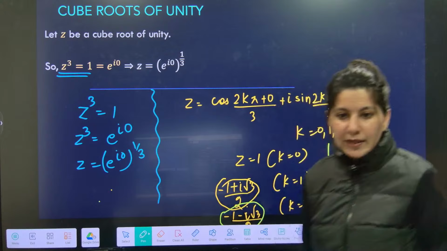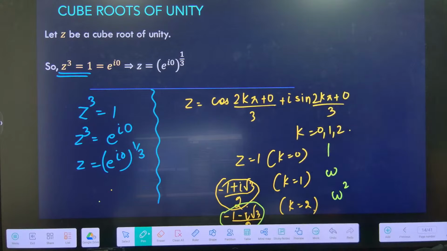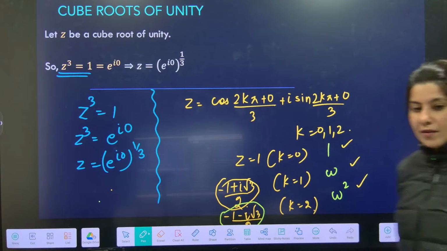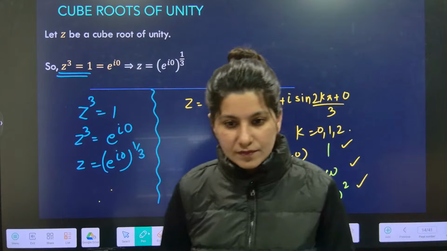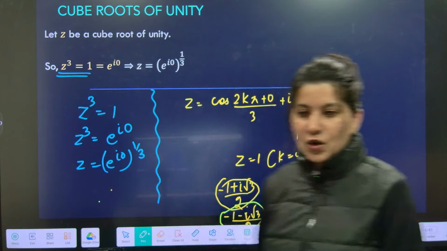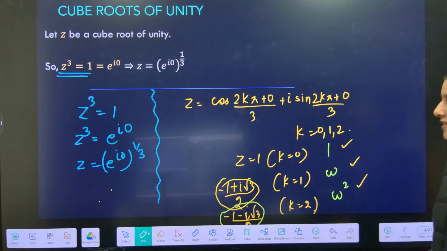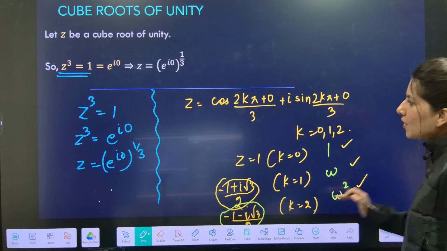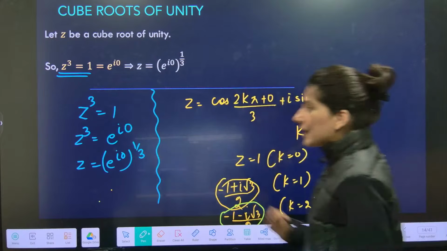1, omega, omega square. Please remember, these are the three roots of this equation, correct?